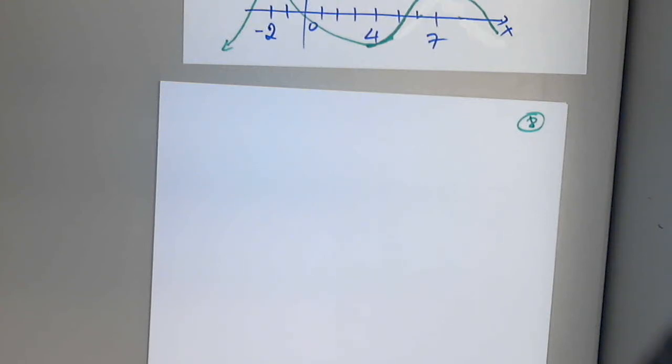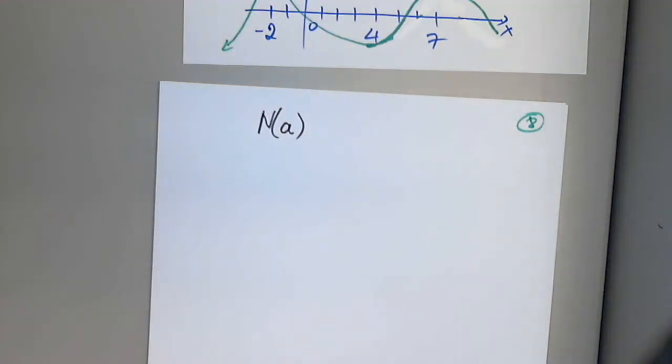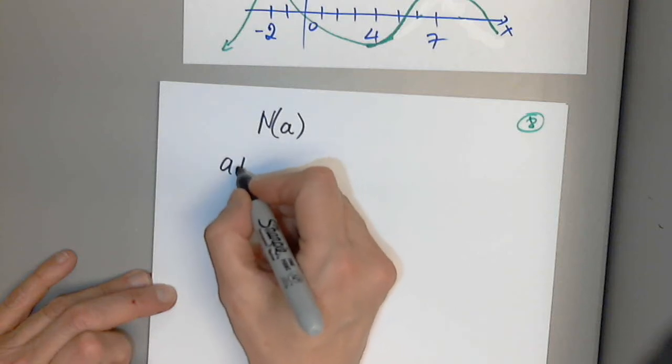Advertising. Brody Electronics estimates that it will sell n units of a new toy after spending a thousand dollars on advertising. And we are given the function n of a. N is the number of units, and a is thousands of dollars.